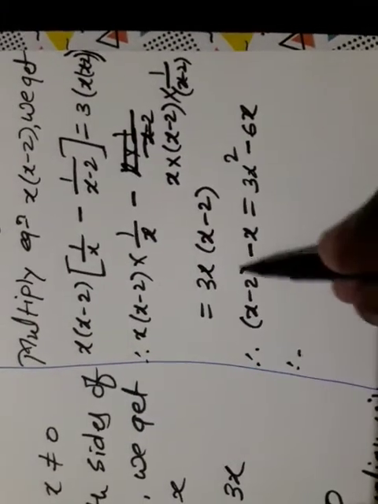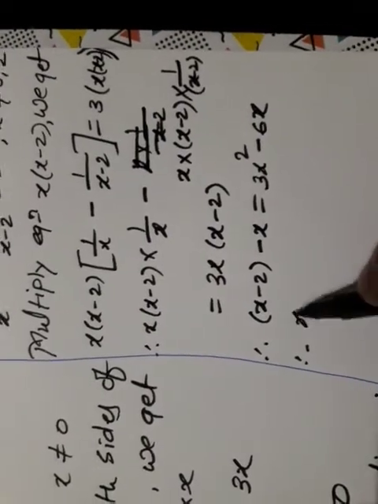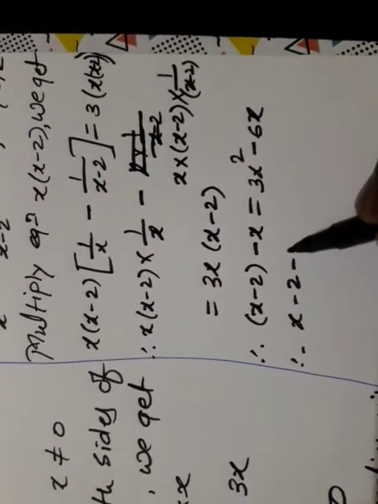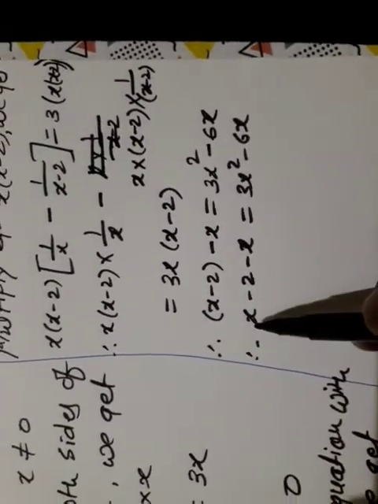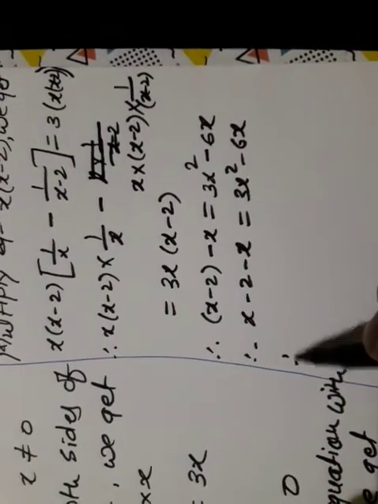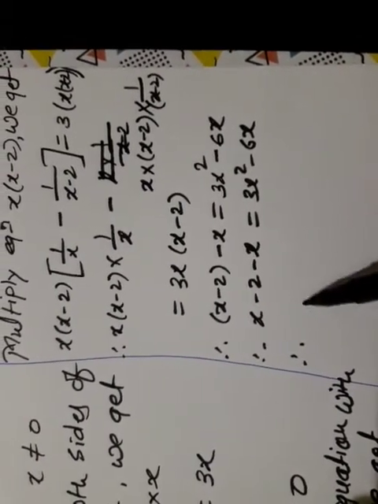Now look here, I will eliminate this bracket. X minus 2 minus x is equal to 3x square minus 6x. Here this plus x and minus x will get cancelled. Then what will remain? Minus 2.